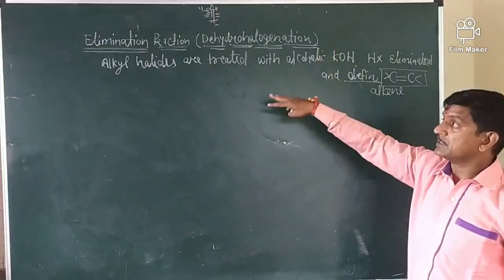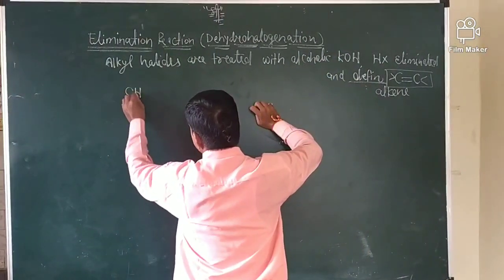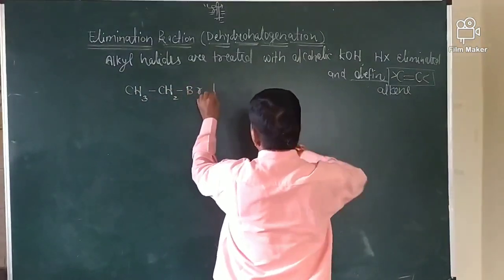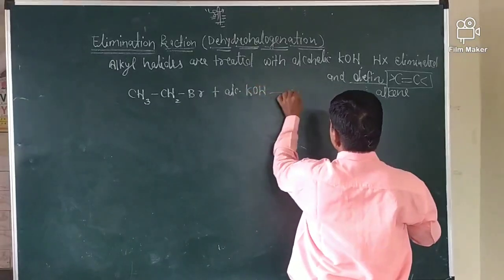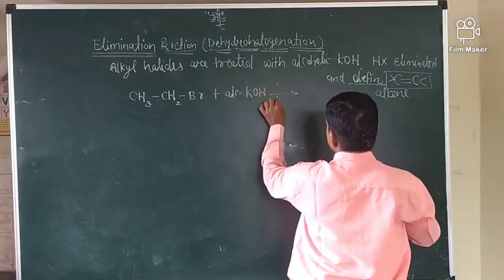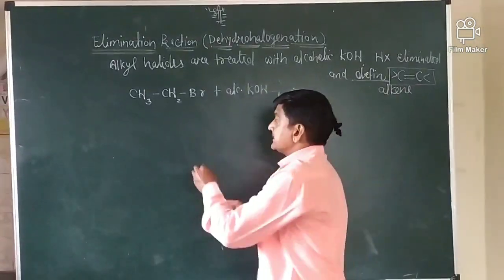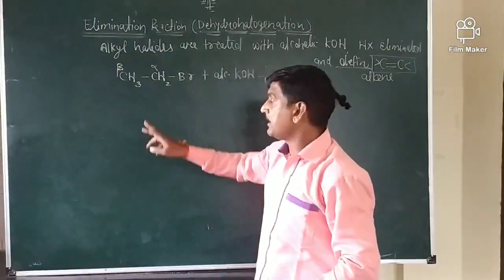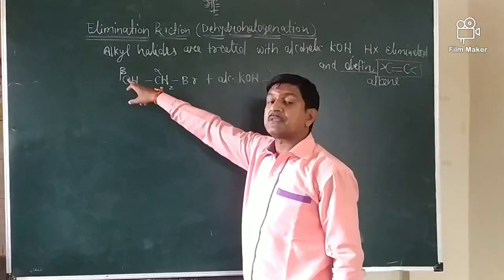Why is this reaction known as elimination reaction? So we'll take the example CH3CH2Br treated with alcoholic KOH. This is the alpha carbon and this is the beta carbon.